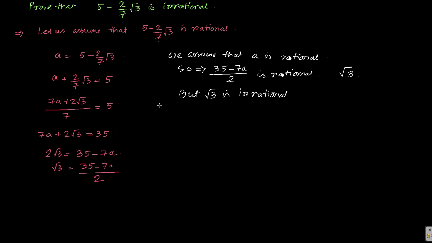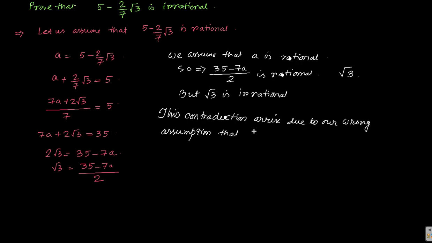So this contradiction arises due to our wrong assumption that 5 minus 2 by 7 root 3 is rational. So 5 minus 2 by 7 root 3 is irrational.